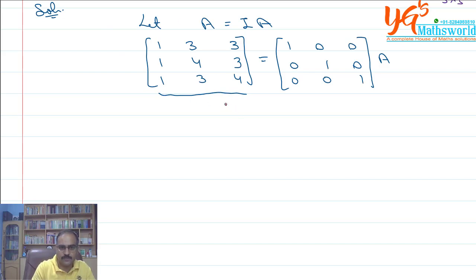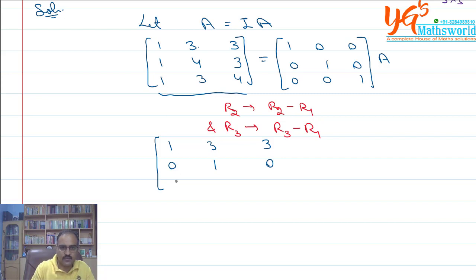So first operation will be on R2, that is R2 minus of R1, and on R3, that is R3 minus of R1. So first operation will be 1 3 3, R2 minus R1, 1 minus 1 0, 4 minus of 3 1, 3 minus of 3 0, 1 minus 1 0, 3 minus 3 0, 4 minus 3 1.